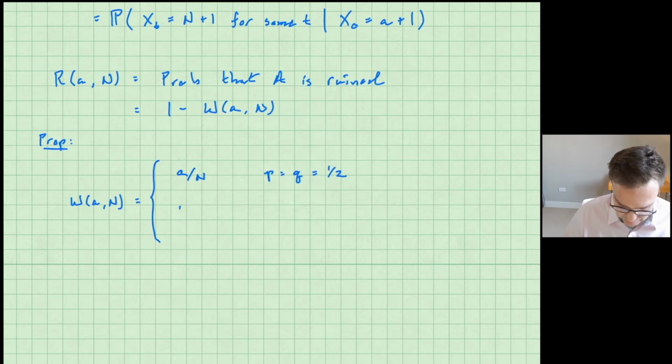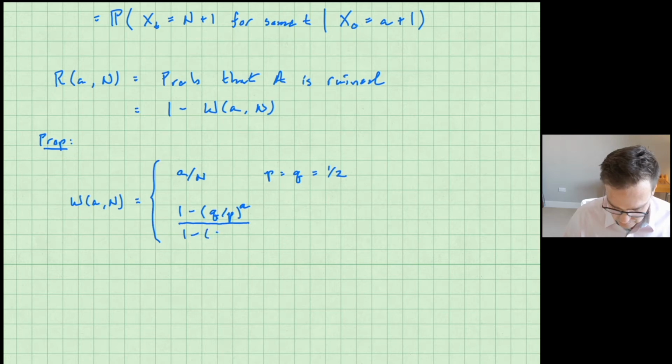On the top there is 1 minus Q over P to the power A. And then in the denominator, we've got 1 minus Q over P to the power of capital N, or A plus little b, if you wish.